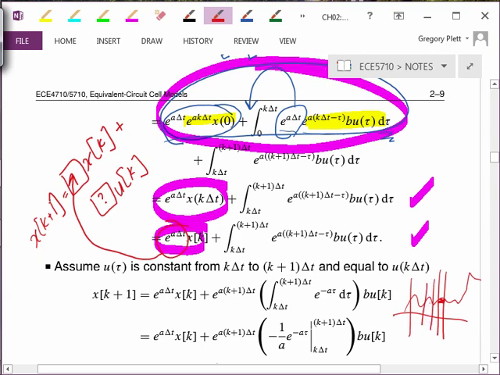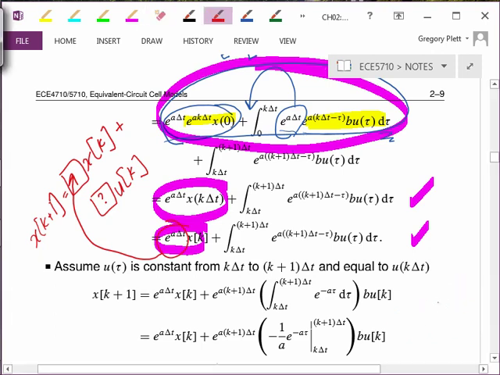A wide interval is probably too wide to get a good estimate, so my choice of sample rate, my delta t, is going to depend a little bit on how quickly the input to the cell can change. If it changes slowly, then I can use a wide delta t. If it changes quickly, I have to use a narrow delta t.